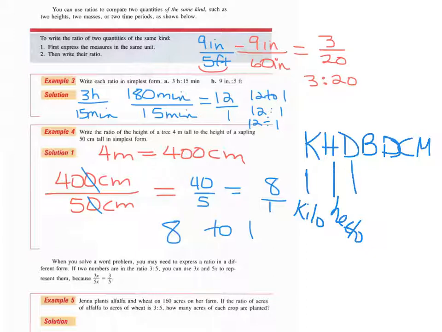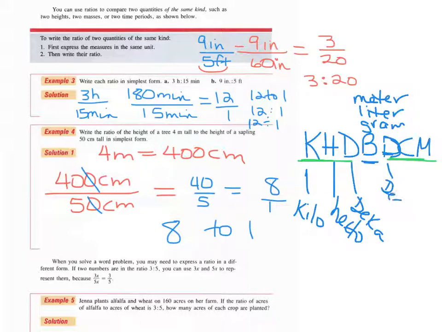The D here, there's 2 D's here, but this one's deca. This B here represents my root word, and the B is going to represent the meter, the liter, and the gram. Then the 3 letters that are on either side will go in front of that root word. And then the next D is the deci, then the centi, and then the milli.